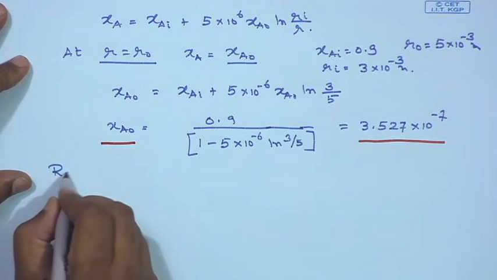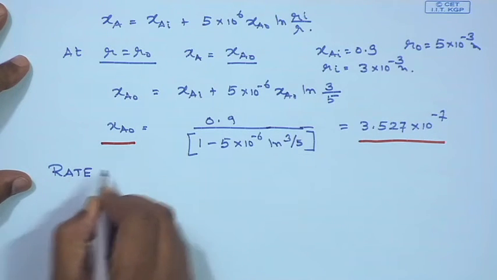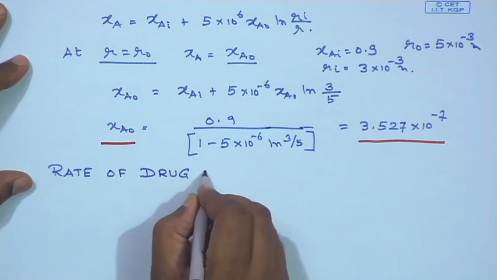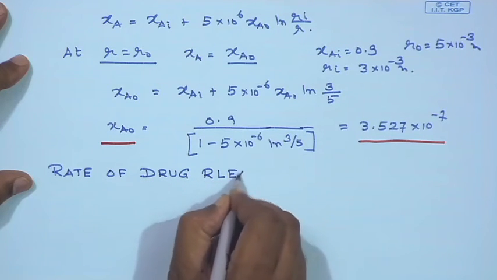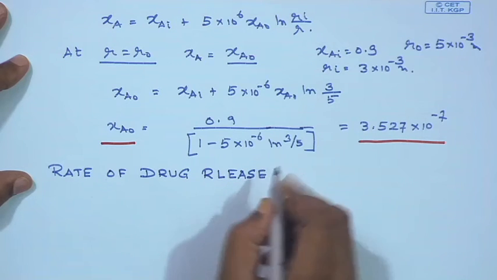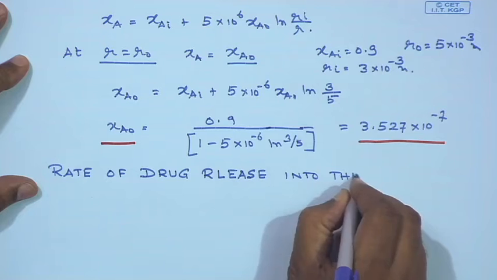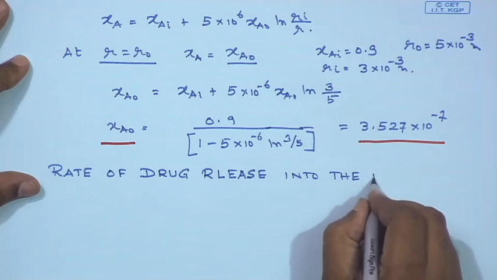The next that is remaining is the rate of drug release into the intestine, which has been asked, that as a drug designer you must find out.